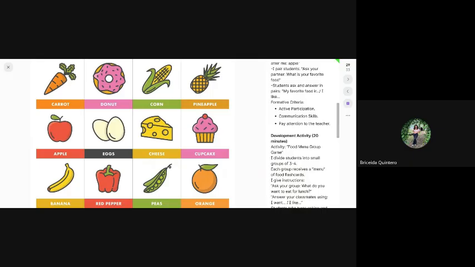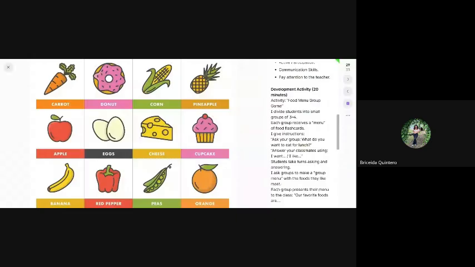After that, I pair students in groups of two or three and say, ask your partner, what is your favorite food? Students ask and answer in pairs, and they can answer, my favorite food is, or I like chicken, I don't like, and so on.